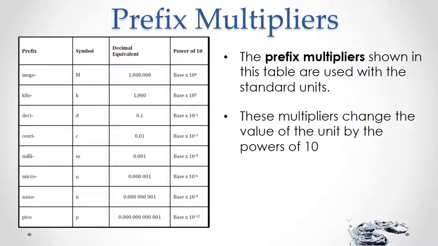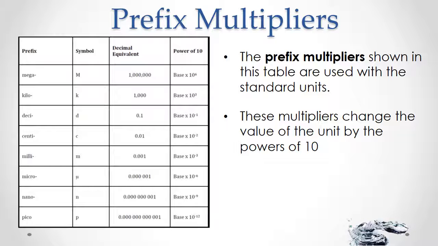The multipliers can change the value of the unit by the powers of 10, and if we start at the beginning, we start with mega, which has a capital M as a symbol, and it means it's the base unit times 10 to the 6th.